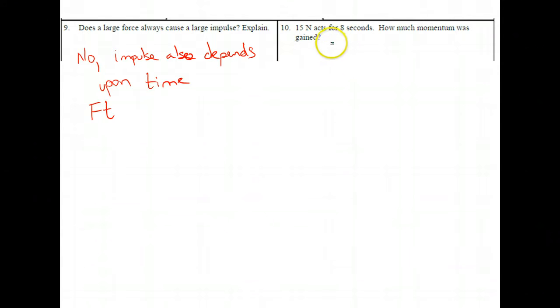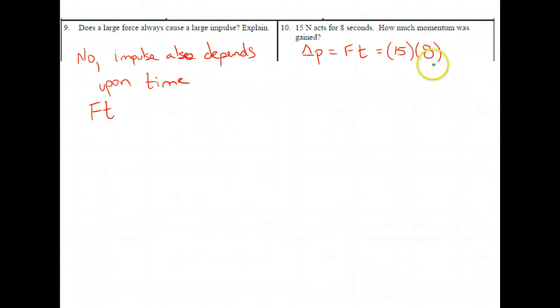Let's look at doing a calculation for this then. How much momentum was gained? They give us a force and they give us a time. So how could we calculate that? You have to remember that your change in momentum is also equal to your impulse, which is equal to F times t. So what's the force? 15 newtons, and the time is 8 seconds.